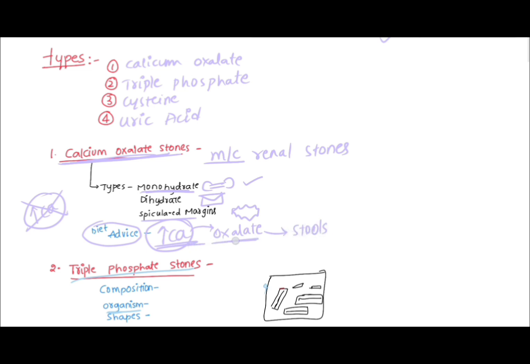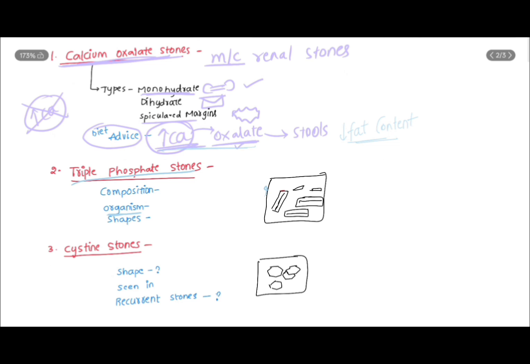So this is how oxalate is excreted from the body, and it decreases the formation of calcium oxalate stones. And we also advise the patient to take less fat content food. So these are the two advices we should give to the patient, right?